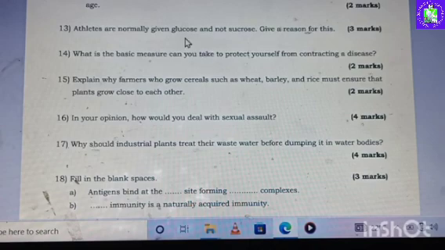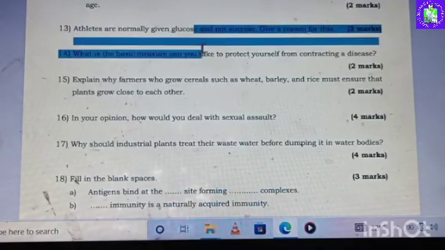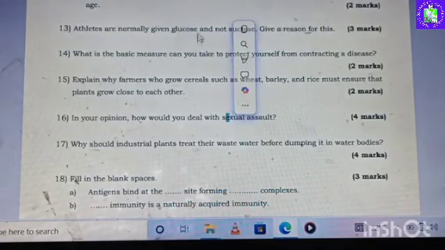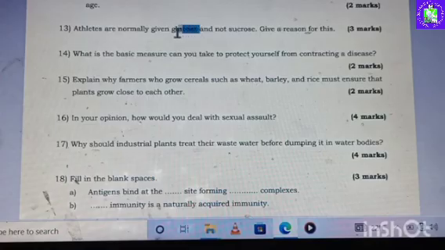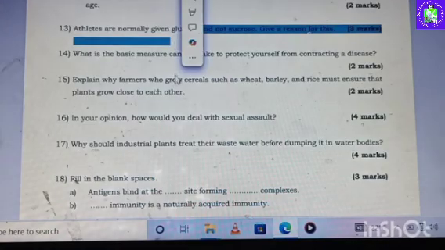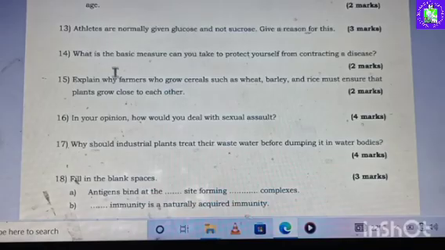That simple sugar is glucose because it generates ATP directly without any process. It means we must choose glucose.